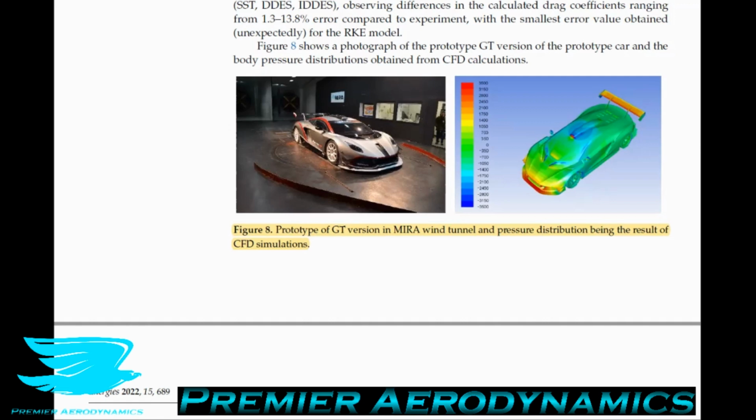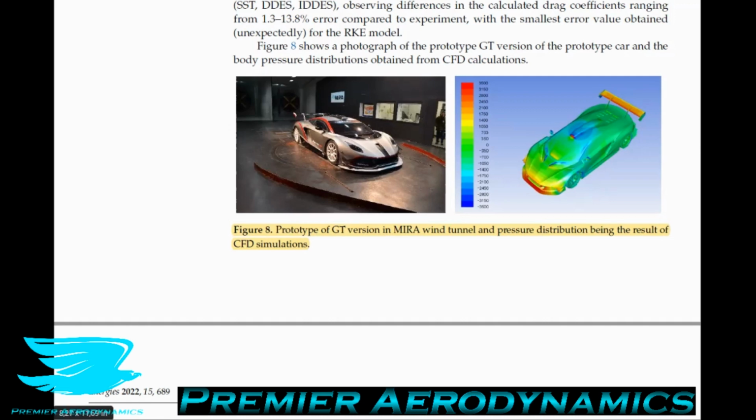They wanted to see what is the best approach for CFD. These researchers, Zhang and others, found that the RANS approach with the RKE model, so their realizable k-epsilon model for turbulence modeling, gave the best results. That is surprising for a couple of reasons. I'll get into that once I've discussed what DDES and IDDES are. But yeah, that's probably not something to be trusted.